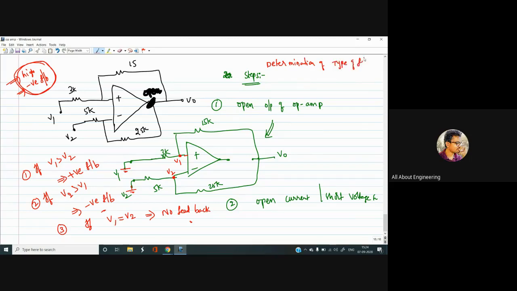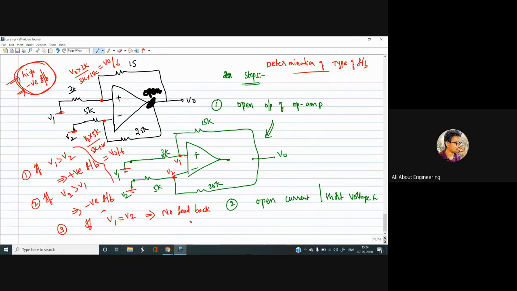Now, if you again recollect this numerical question, the voltage across this point would be V naught into 3K by 3K plus 15K, because these two are grounded, which is equal to V naught by 6. Similarly, as this is a simple voltage divider network, here also V naught into 5K by 5K plus 25K, which is also equal to V naught by 6.